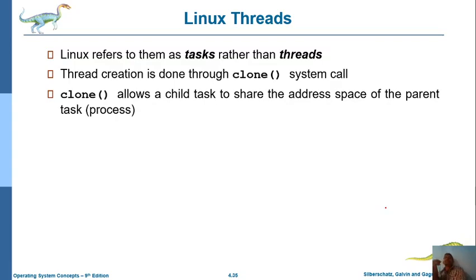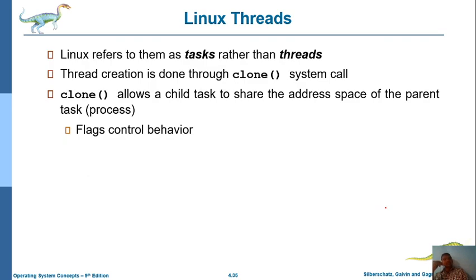Initially we create a parent process, and that task can use child tasks to complete its process. That child task can access the data from the parent address space. Whatever data the parent contains can be accessed by the child.